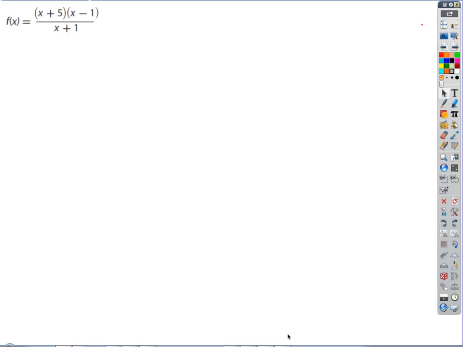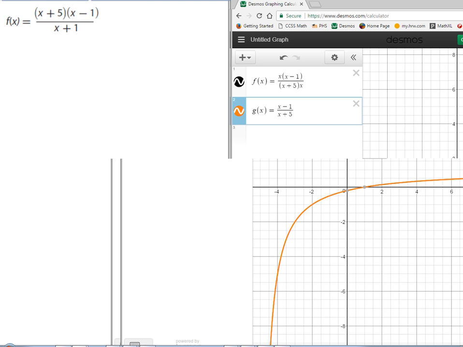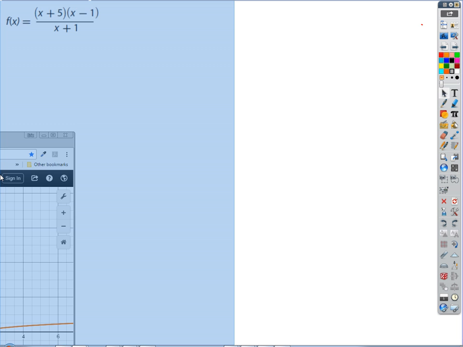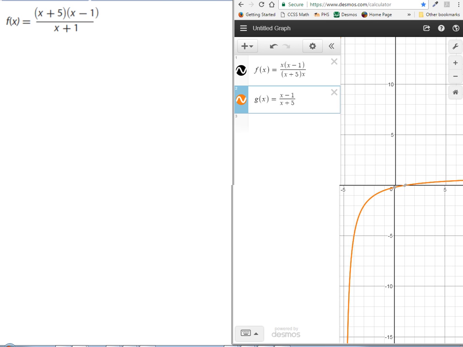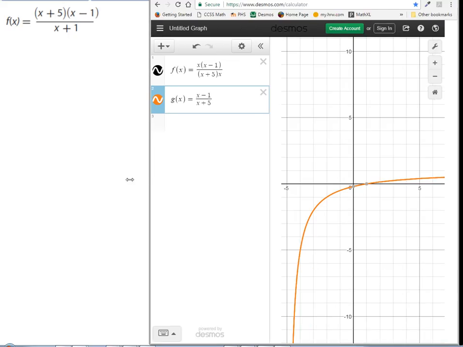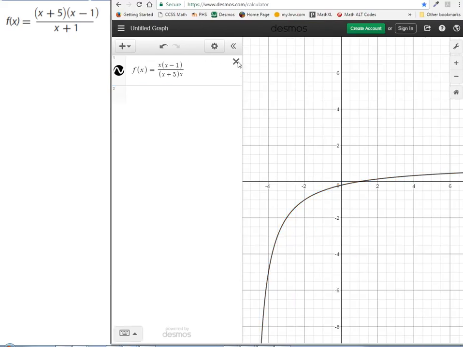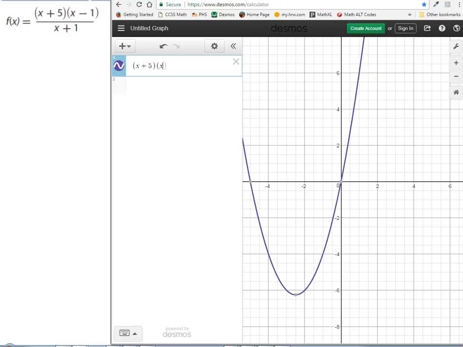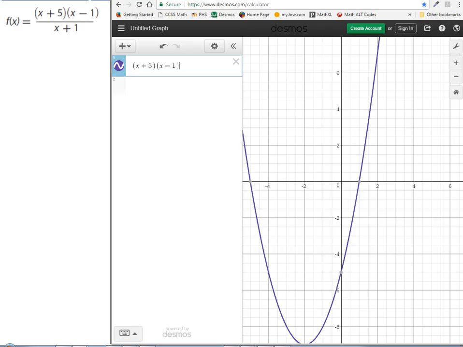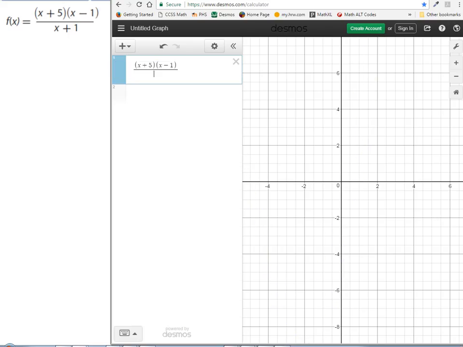Okay, let's see what happens. So let's try this. On the top, we're going to have x plus 5 times x minus 1, all divided by x plus 1.